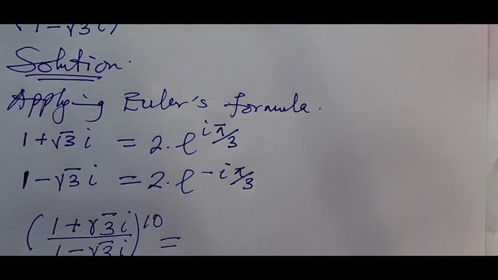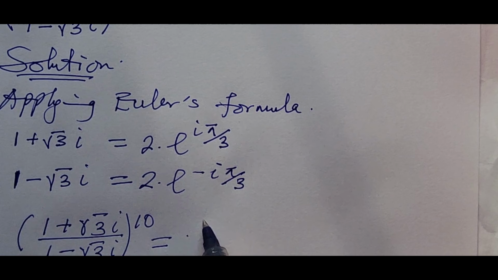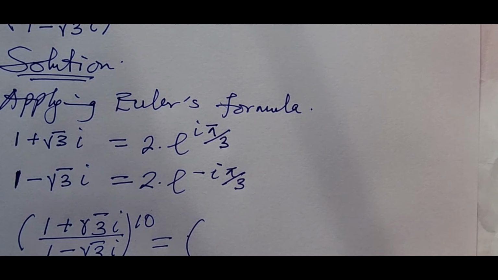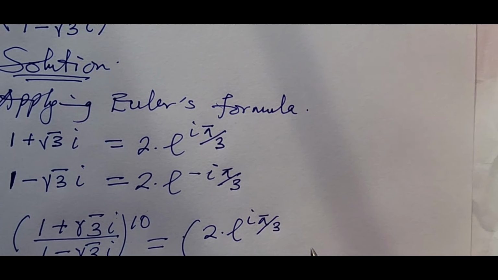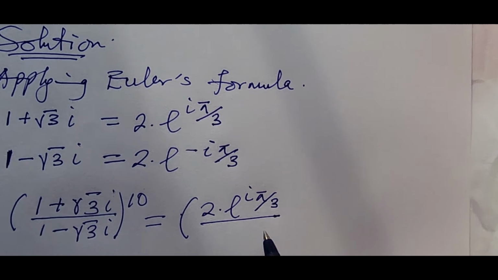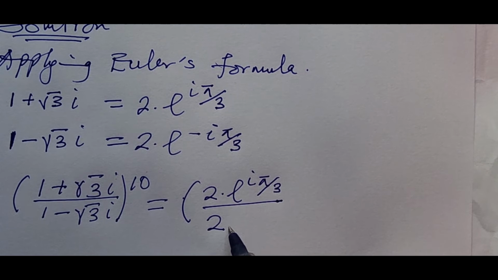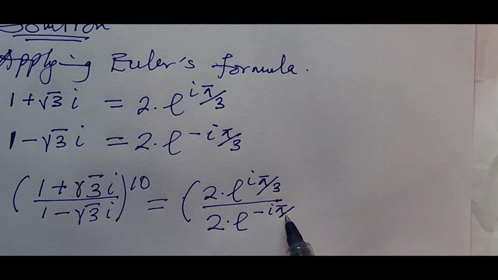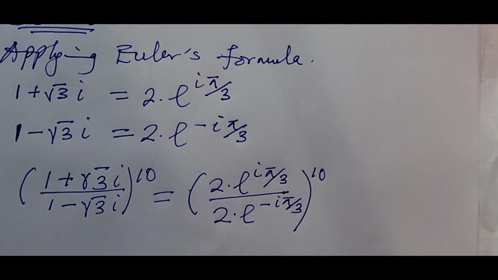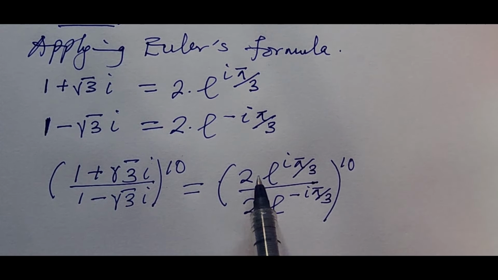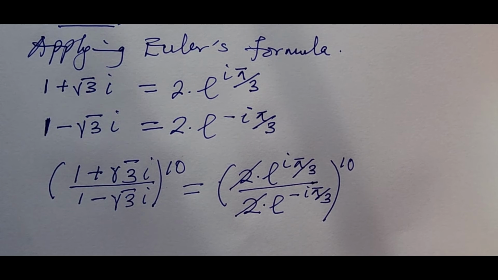This is equal to bracket open, the first one we have 2 times e all raised to iota pi all over 3, then all over 2 times e raised to minus iota pi all over 3 close bracket all raised to power 10. Now with what we have here, you discover that the 2 and this will leave.